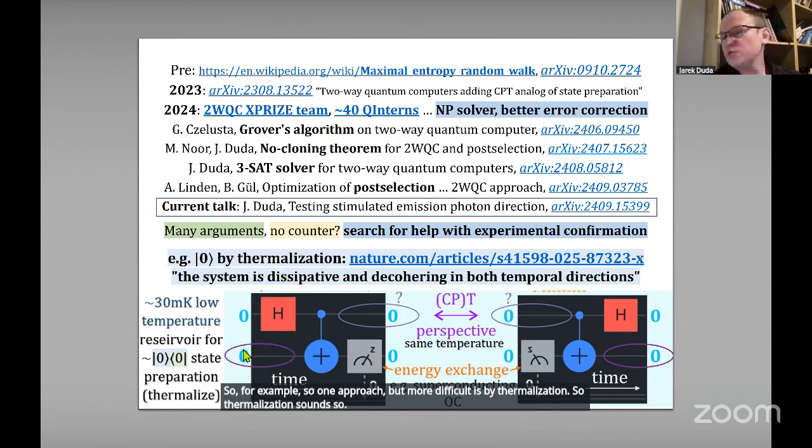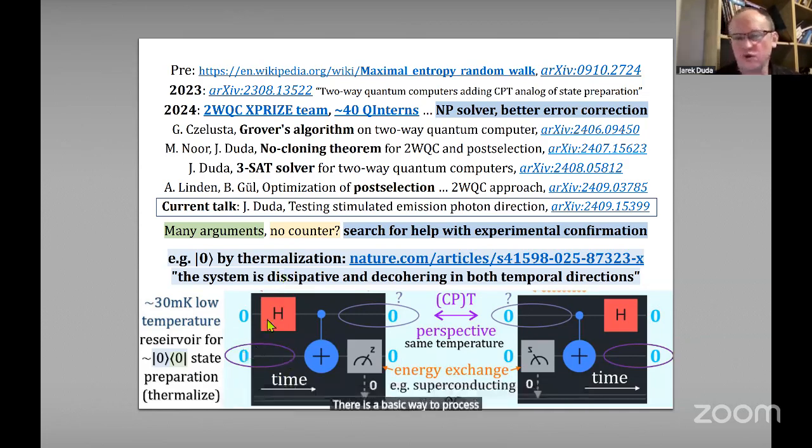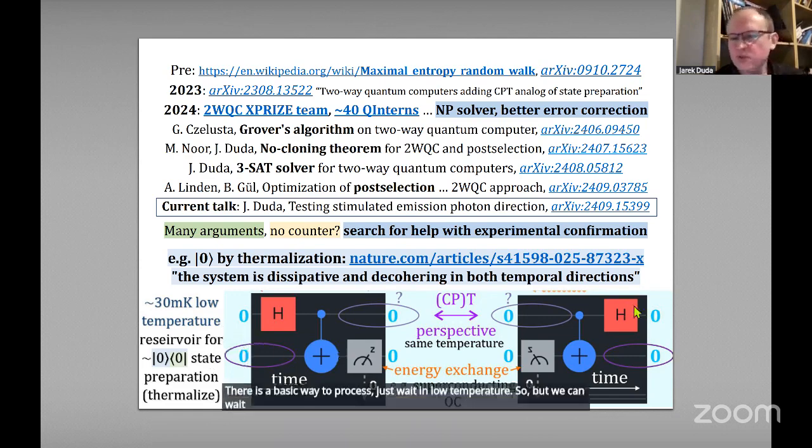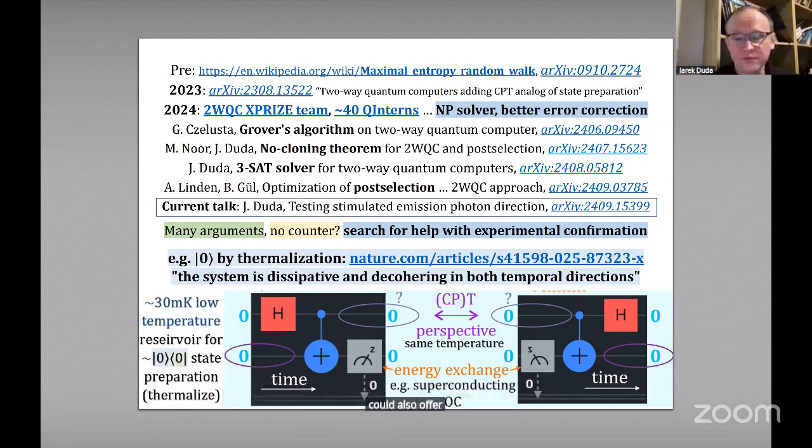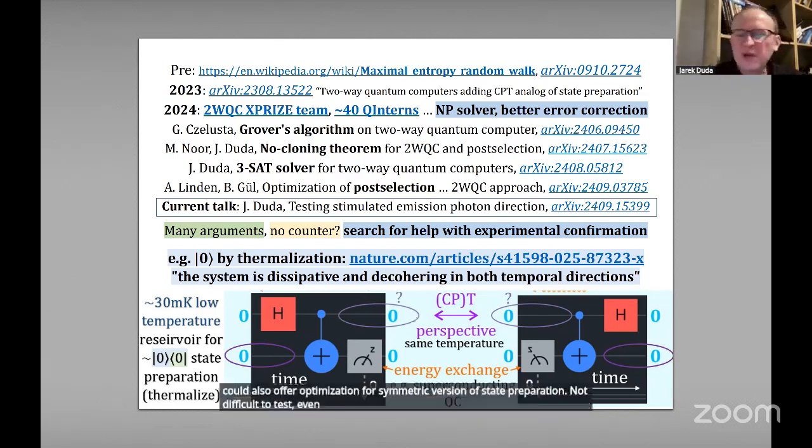There is a basic way of state preparation: just wait at low temperature. We can wait before, but we could also wait after. If you wait after, then from the CPT perspective, we wait before. So the suggestion is that maybe just waiting after could also allow thermalization, for a symmetric version of state preparation, but it is difficult to test. And there are other estimates. The much better way is these pumps, these positive-negative reciprocation approaches.